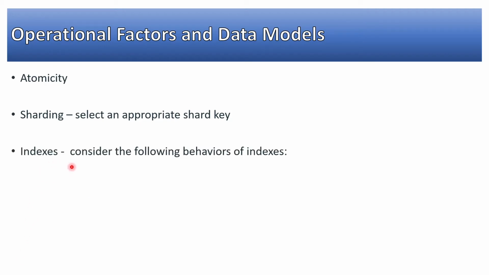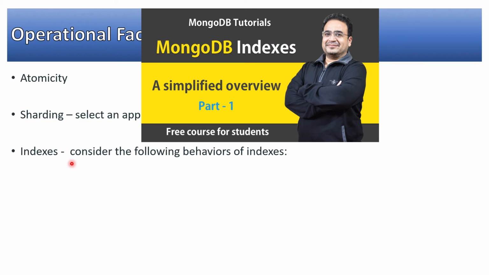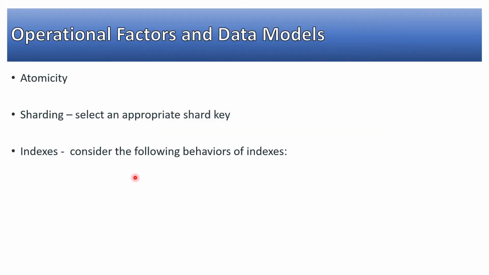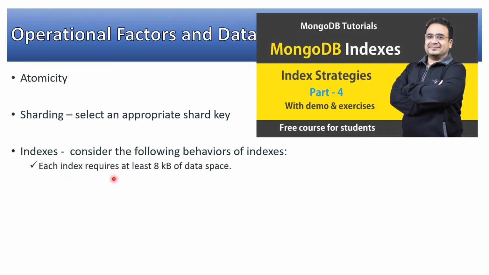Indexes: before implementing indexing, please note some of the behavior of indexes so that while selecting an index, you are well aware of how indexes are meant to behave. Each index requires at least 8 KB of data space, so it is not a big constraint, I guess.